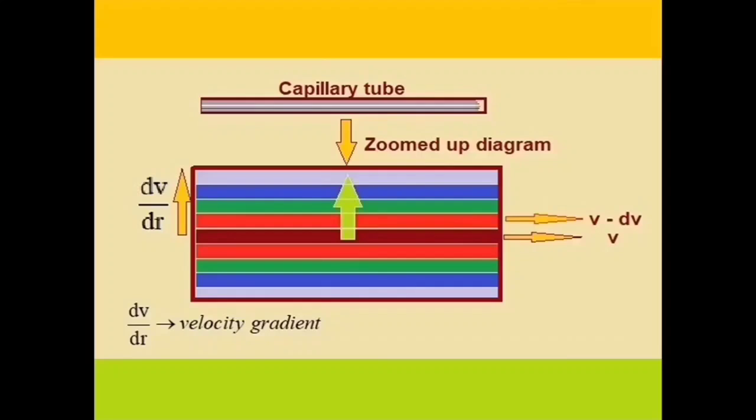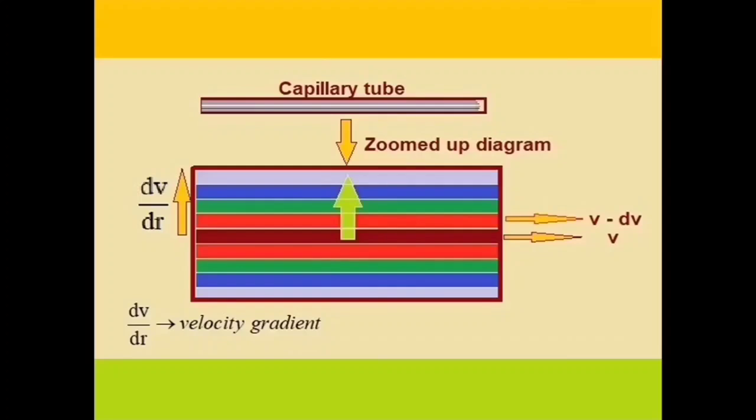In the zoomed up diagram, a number of layers are shown. The central band shows the central layer of the fluid, which has the greater velocity, denoted with the letter V.